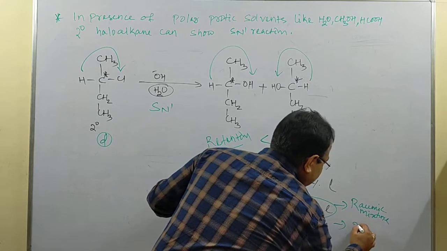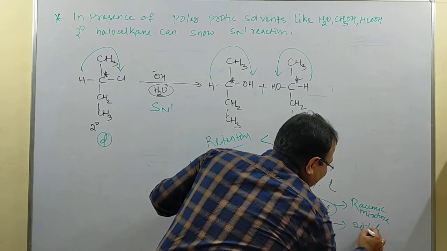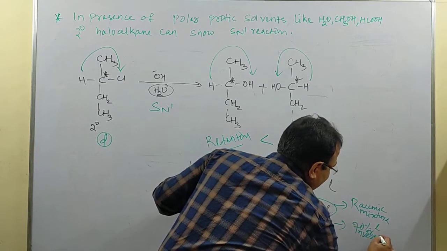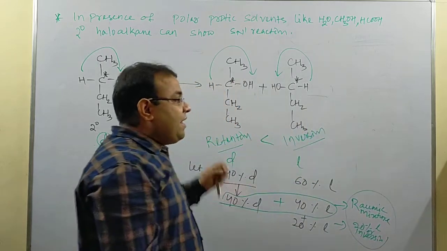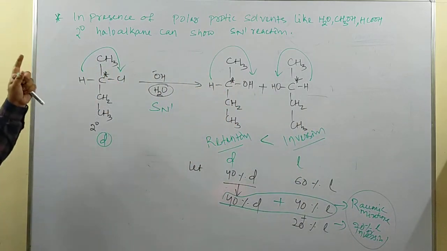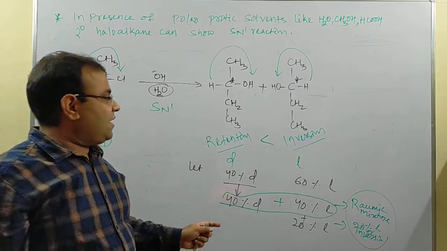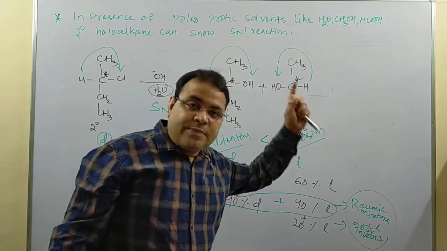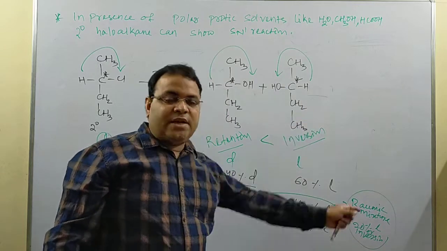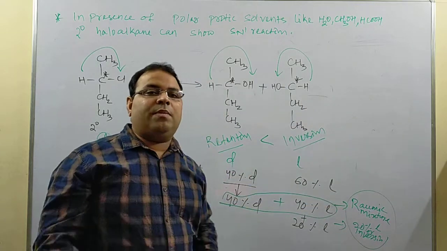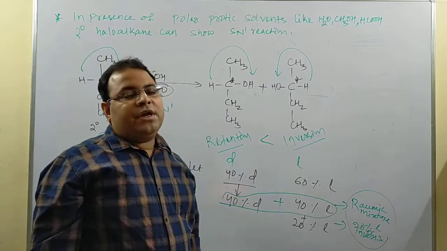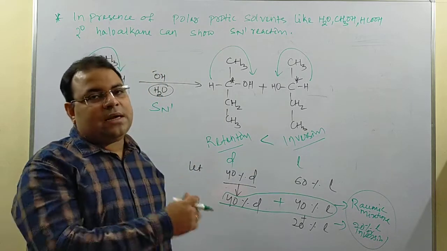And this 20% L, the inverted product, will be remaining. It means that if a molecule is a chiral one, during an SN1 reaction it will show racemic mixture plus inversion. Some of the inverted product will remain because the inversion is more than the retention.